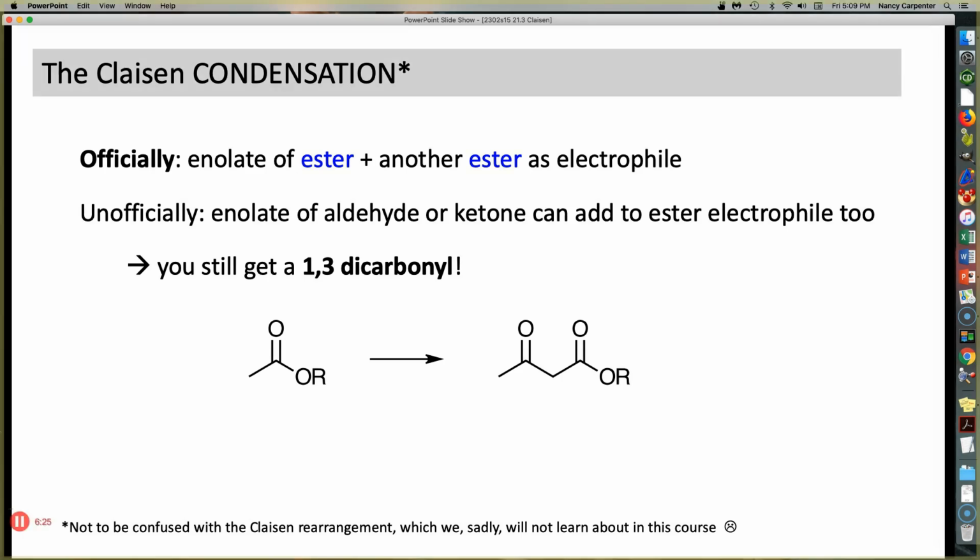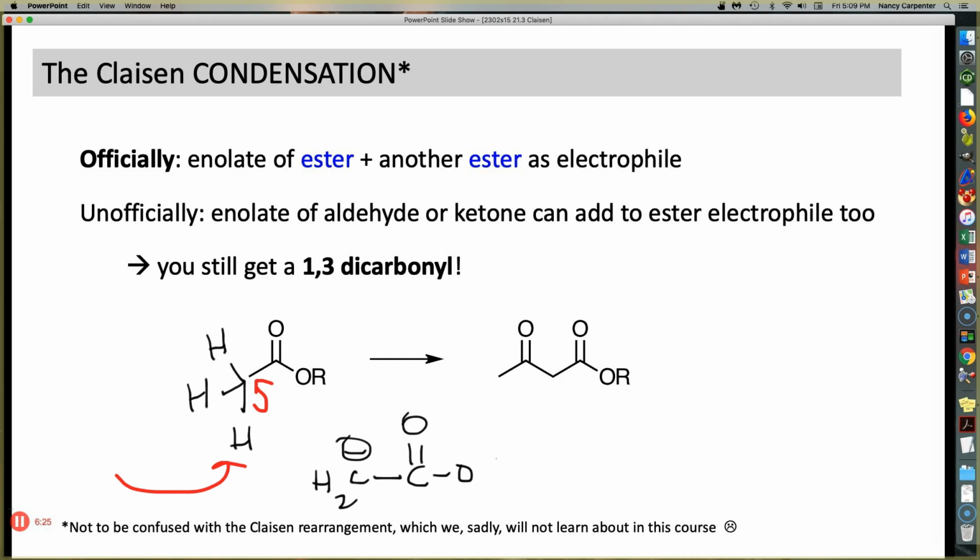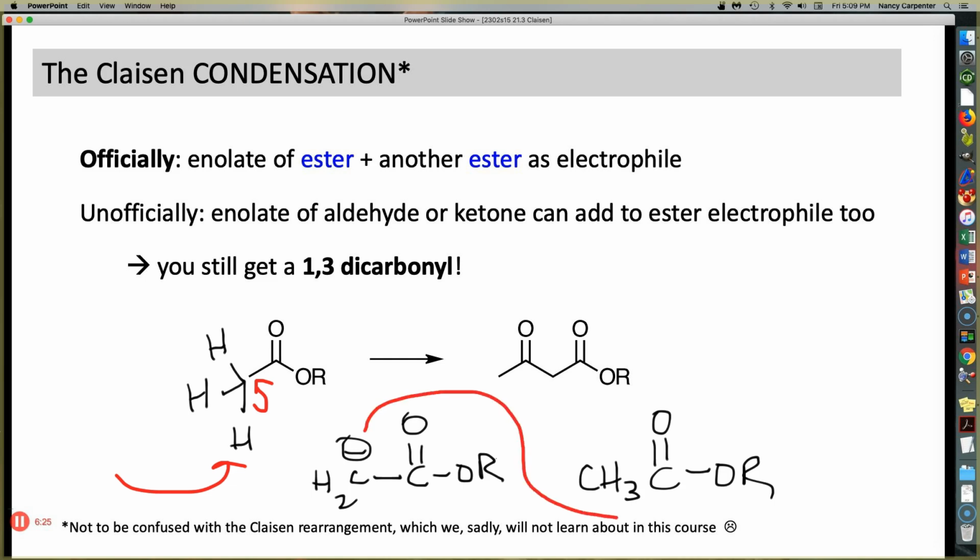So again, here's an example of a self-Claisen. As long as you have an ester with an alpha hydrogen that can be deprotonated, then you're going to have an enolate. And of course you'll ask yourself, okay, now I have this enolate, what can it do? Well, if there's nothing else around, then it can react with the only electrophile that's present, which is the original starting material.